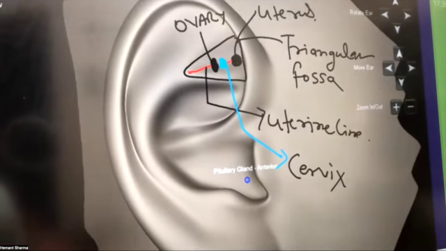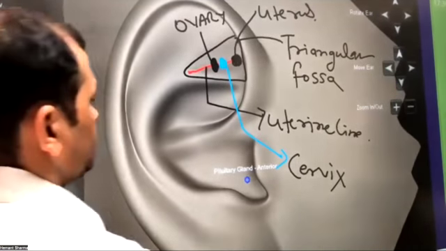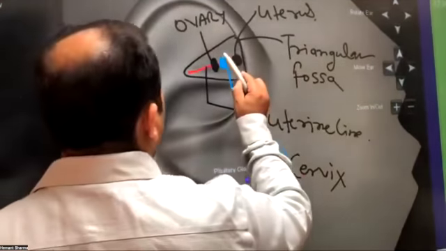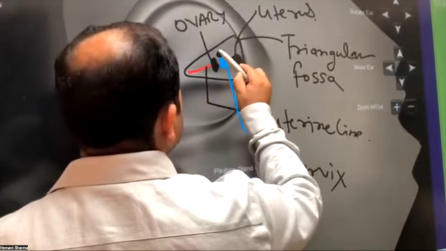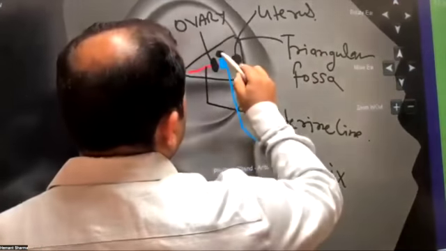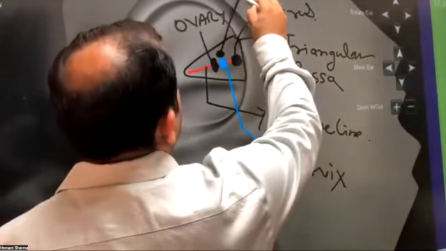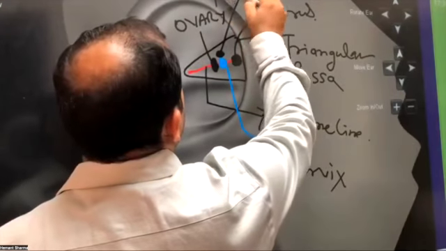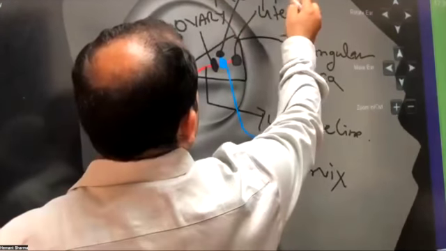The cervix point is located in between the ovary and uterus in this uterine line. And if you go up from the cervix, just on the upper side of the cervix, this is the point of the fallopian tube.